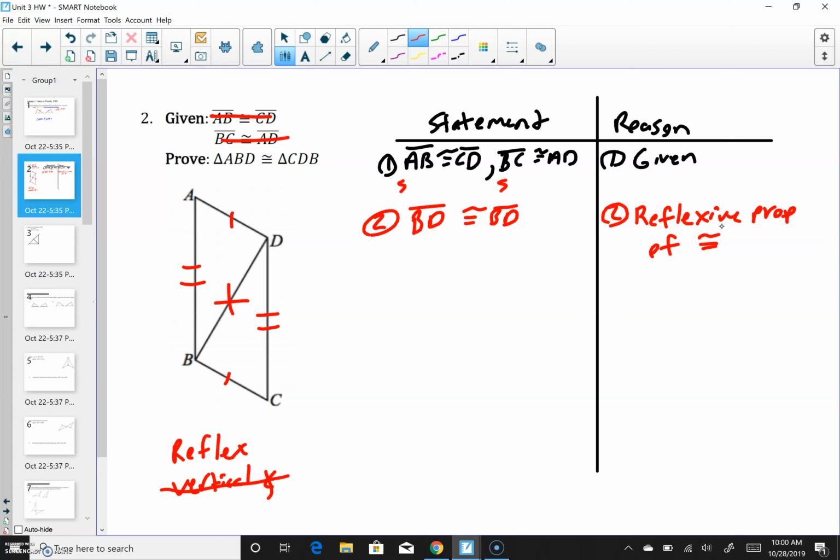So now I look, in my picture I have side, side, side, and then I have side, side, side on my other one, because what I just wrote down there was my third of my corresponding sides congruent. So once I have my pattern, I go down to my proof statement, which is triangle ABD. We want to make sure we copy it exactly how it's written, is congruent to triangle CDB, and our reason is going to be side, side, side.